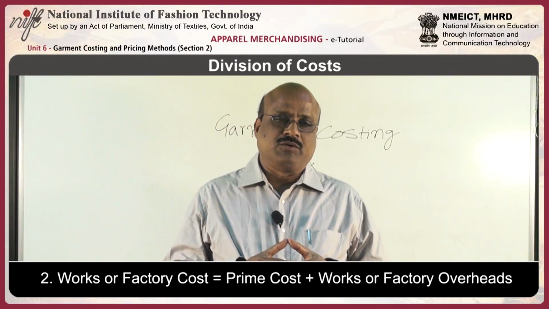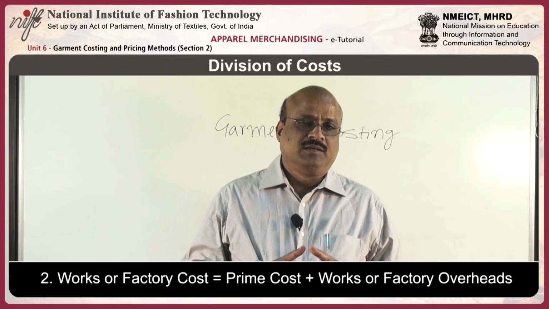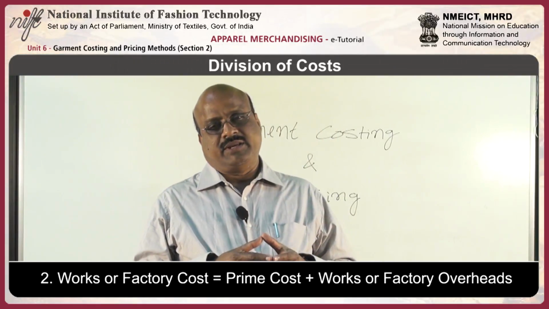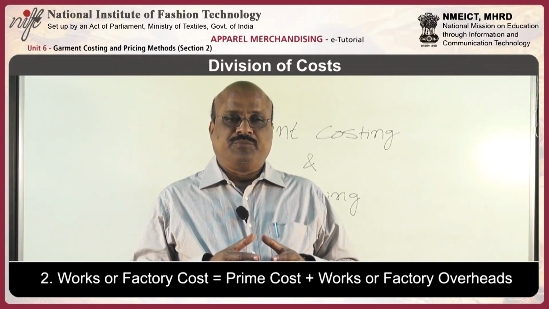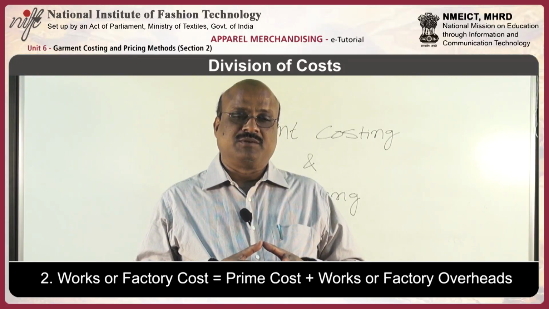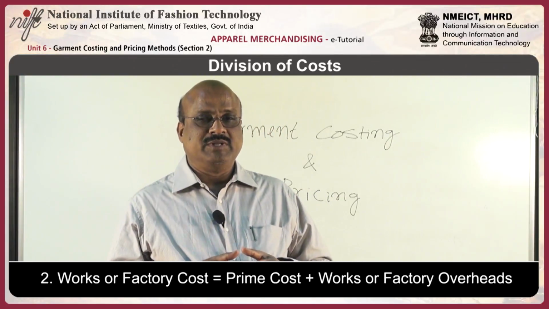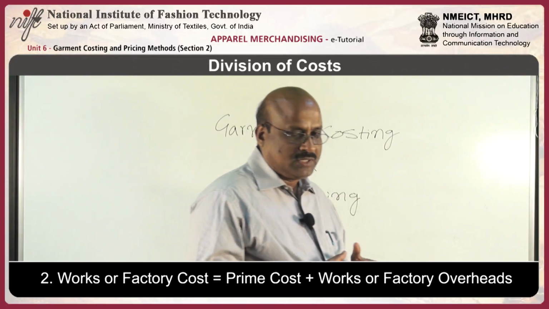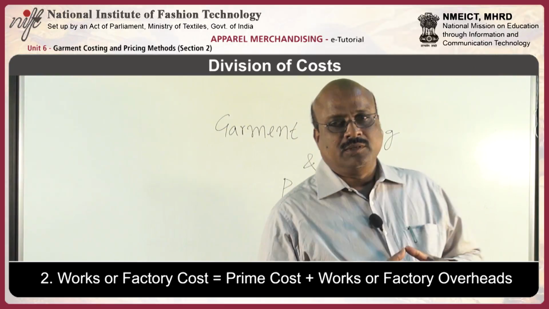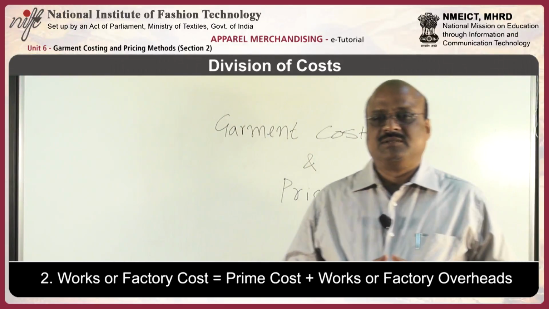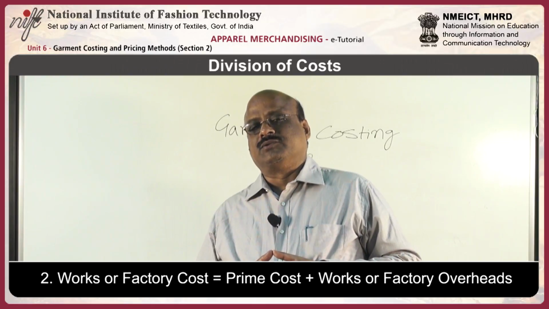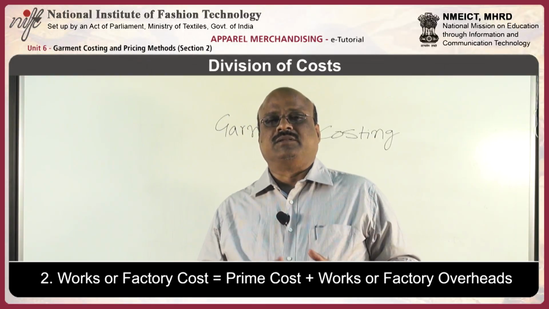The second is works or factory cost. It is prime cost plus works or factory overheads. That means the works or factory cost is a total of prime cost plus factory overheads.